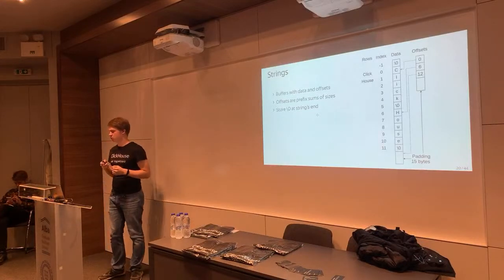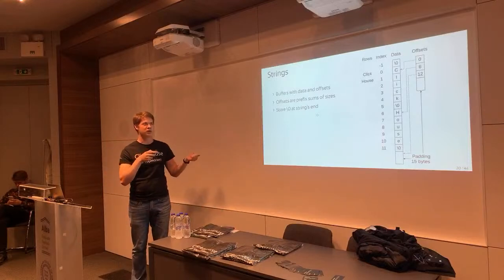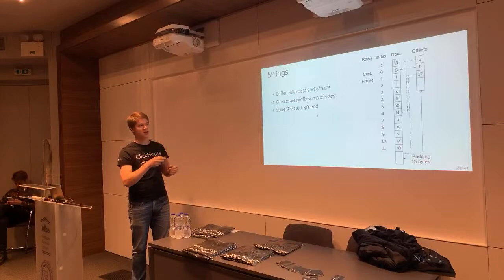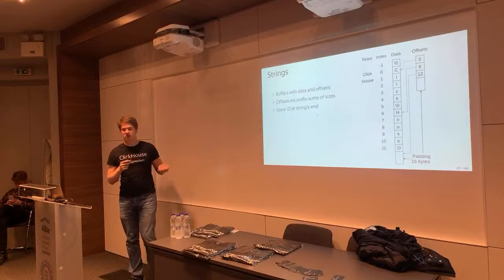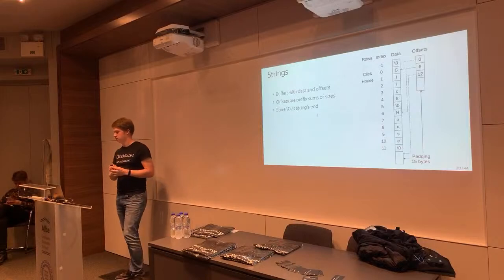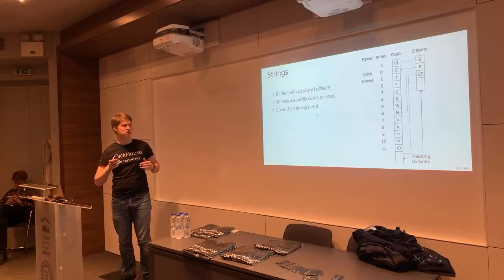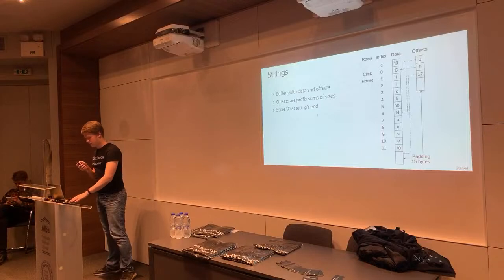But it's easy to understand that an offset points to the beginning of the next row. So the offset at index -1 points to click, the offset with value 6 points to house, and the last one points to our padding. And it's pretty comfortable to use such a structure because it's easy to use in instructions.